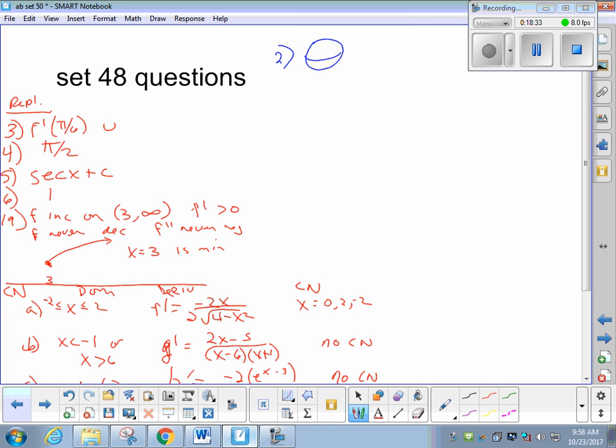And all that's great. They give you dVdt. It seems like a straightforward problem. Is positive 2 cubic centimeters per second. But the problem is they ask you about dA dt, the surface area change, when the radius is 7, yeah?